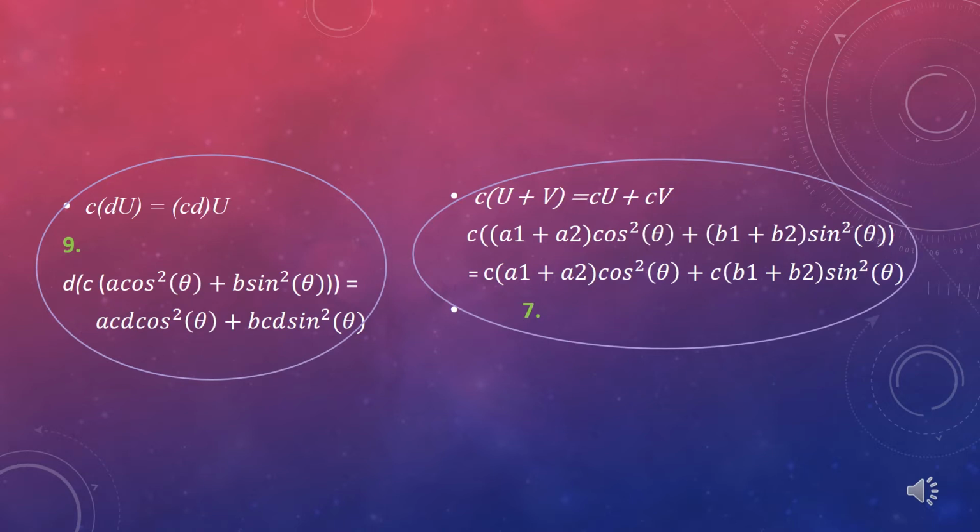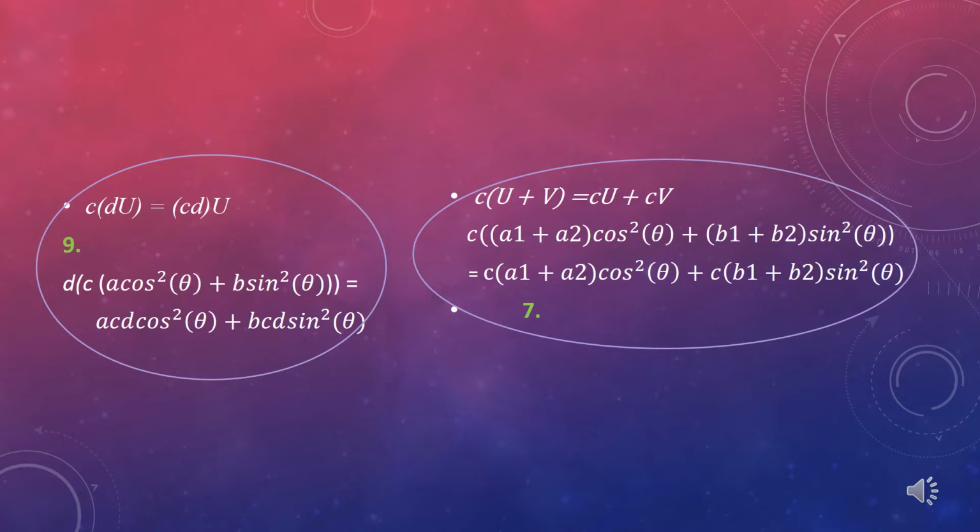I can associate the scalar multiplication, so some constant scalar times another times the form, a cosine squared plus b sine squared is going to give me the same thing as if I multiply the c and d together and then apply it to the object that I had.